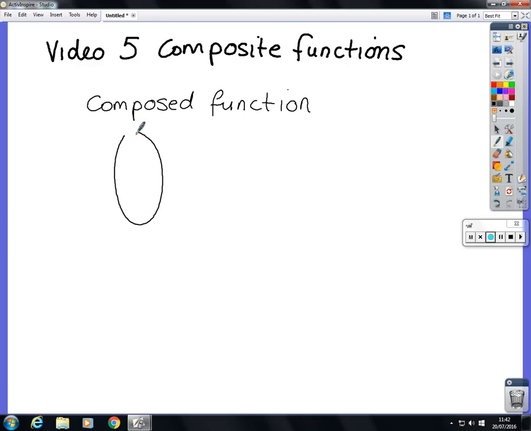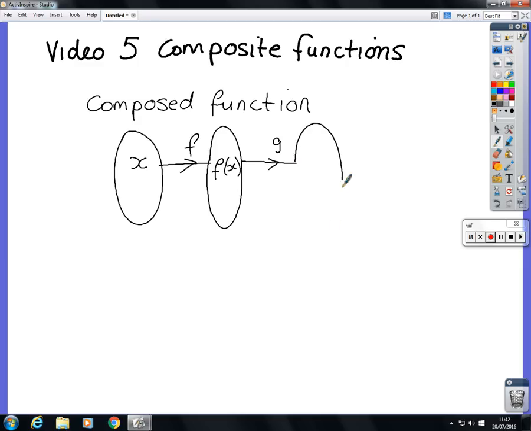If we begin with x and we operate the function f, we get f of x. Then, if we repeat this with another function g, we can take f of x and get g of f of x.